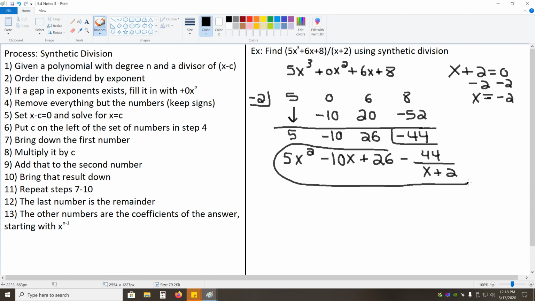And this is our solution. 5x cubed plus 6x plus 8 divided by x plus 2 is 5x squared minus 10x plus 26 minus 44 over x plus 2.